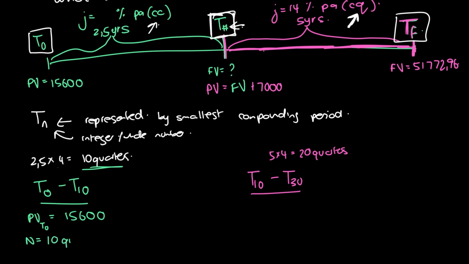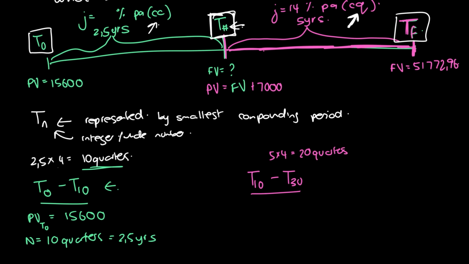We also know it's 2.5 years. But if we just read it from the information we were given there, we would have to just divide it by 4 to get it in years to correspond for our interest rates. So 2.5 years. When we do our calculations, that N needs to match our interest compounding periods for that section.